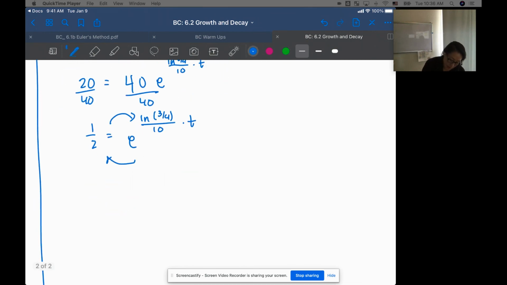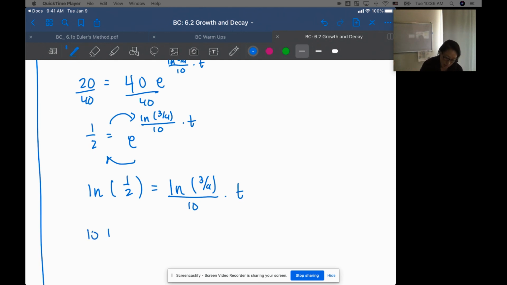Take the ln, and I get the ln of 1/2 is equal to the exponent, which is the ln of 3/4 over 10 times t. Multiply both sides by 10. So I end up with 10 ln of 1/2 is equal to the ln of 3/4 times t.